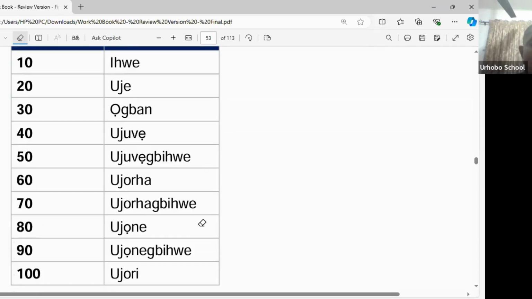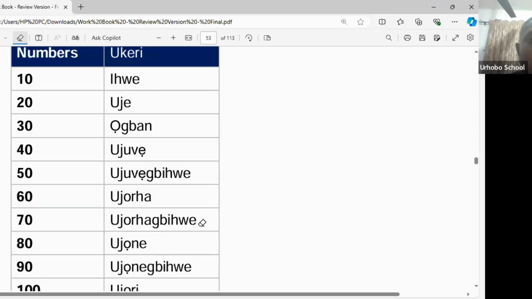Once we know the tens, we will know the in between. 10 you already know as Ikwe, 20 as Uje, and 30 is Ogba. 40 is Ujuve. It has its root word in Uje times Ive, like saying two twenties.